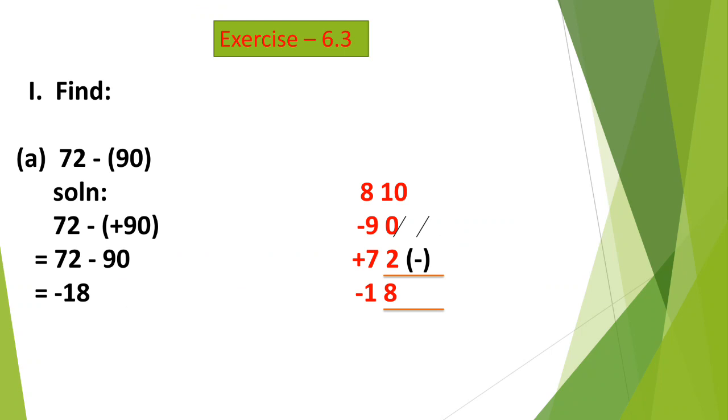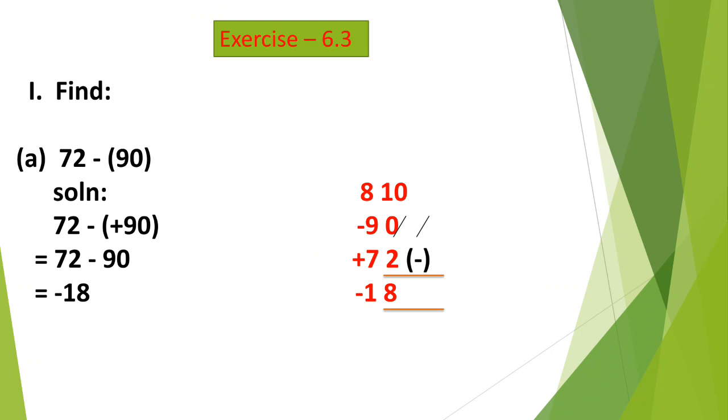Already we have discussed this in the last class. When we are having different signs, we have to subtract. When we are having the same sign, we have to add and denote the same sign of the integer. Here we are having one negative sign and one positive sign. So we want to subtract it and we want to take the sign of the greater number.